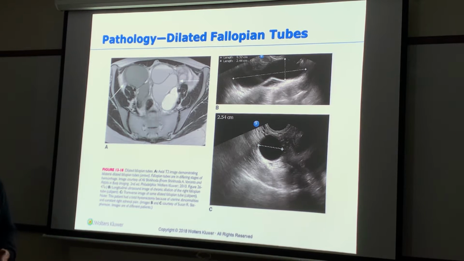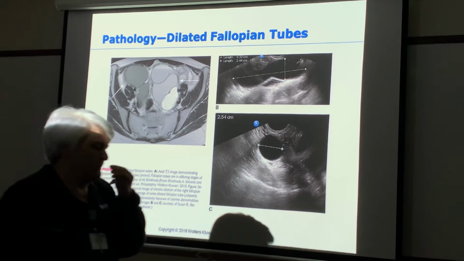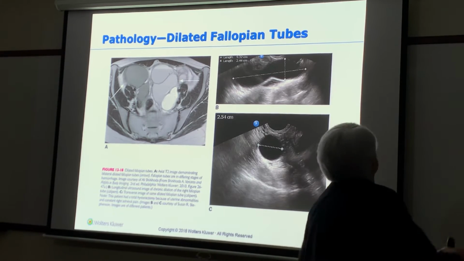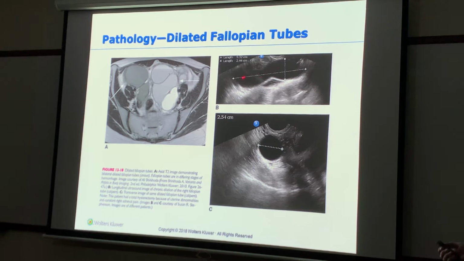If it goes to the contralateral side, that tube will be dilated and you'll see stuff in it. And that will help you make a diagnosis. So which one is this one? Hydrosalpinx. It's a hydrosalpinx. Okay?